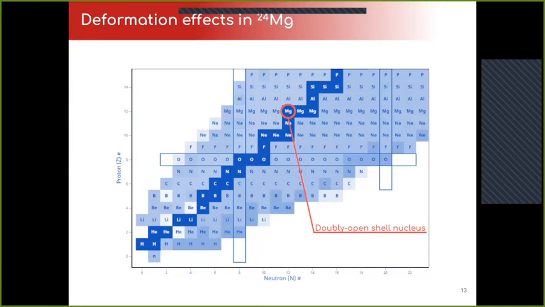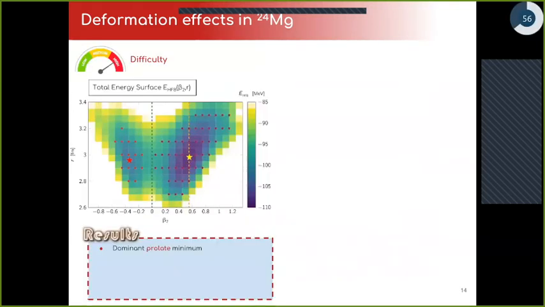This more interesting case is magnesium-24. This is not a doubly closed shell nucleus, it's actually a doubly open shell one, so something more interesting is supposed to happen. You see that at first sight, the total energy surface itself is quite more complex than the previous one for oxygen-16.